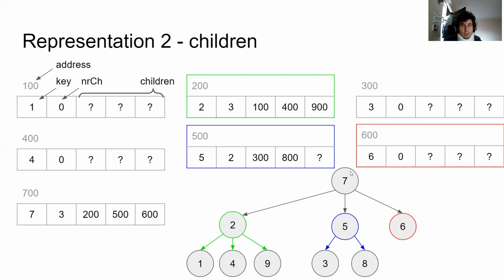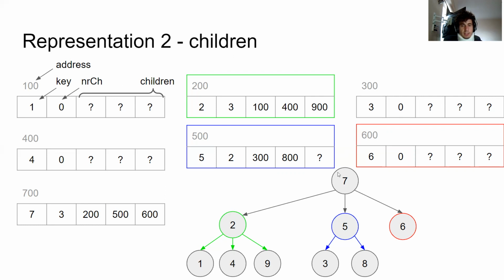So here we have the node with key 1. This element is actually this node. It has key 1, it has 0 children, and we don't care about this array. Question mark means we don't care.